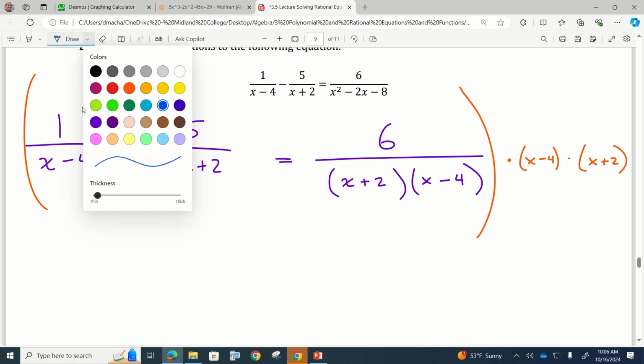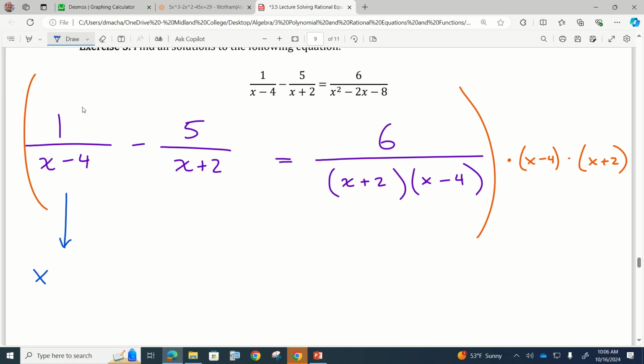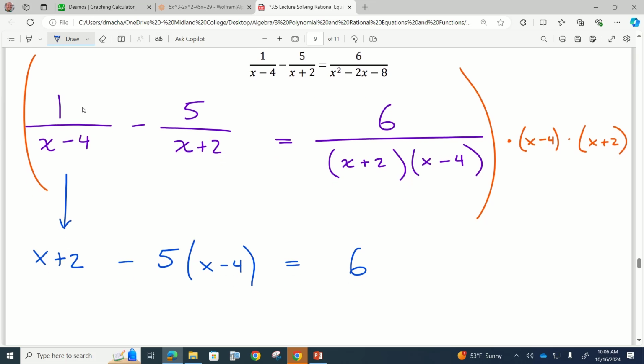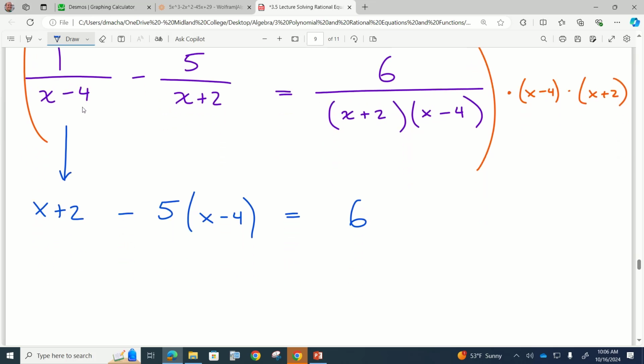and I get x plus 2 minus 5 times x minus 4 equals 6. Of course, this is x minus 5x, so negative 4x. 2 plus 20, right?